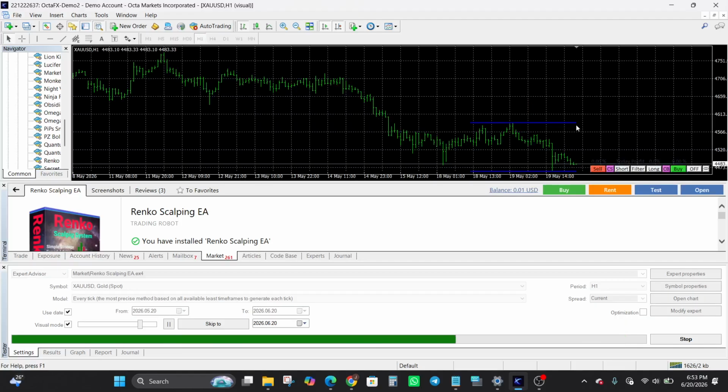So as we review the chart history, we should be able to observe how the EA interacted with market movements within that structure. The Renko based approach is specifically designed to filter portions of market noise, so that historical chart activity may appear different from what traders are accustomed to seeing on traditional time based charts.